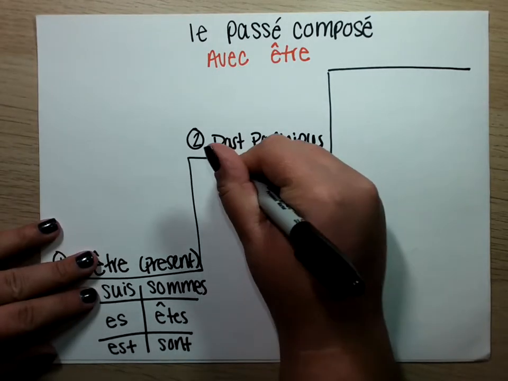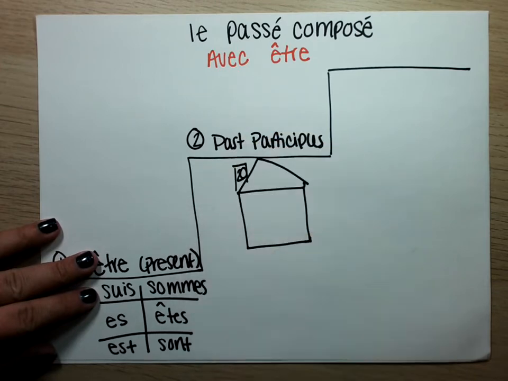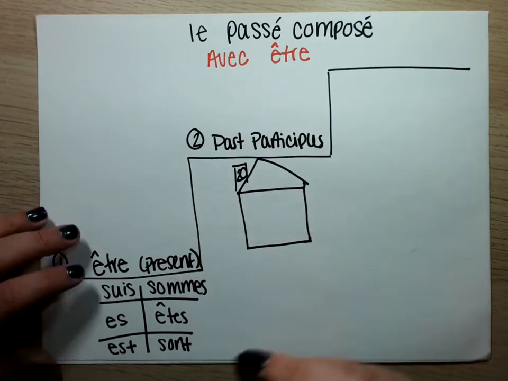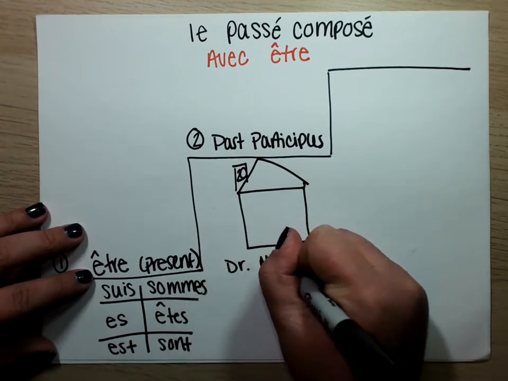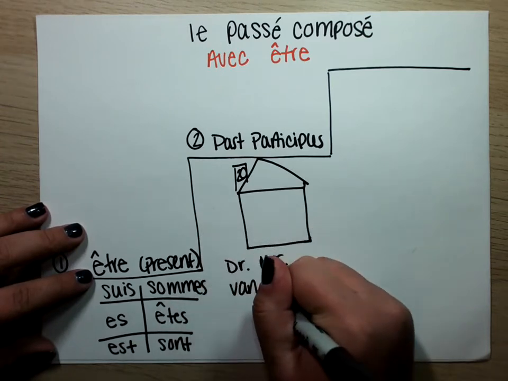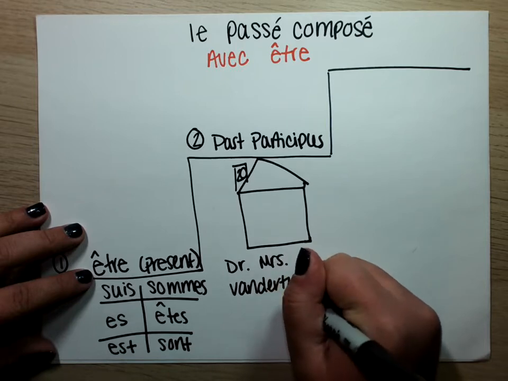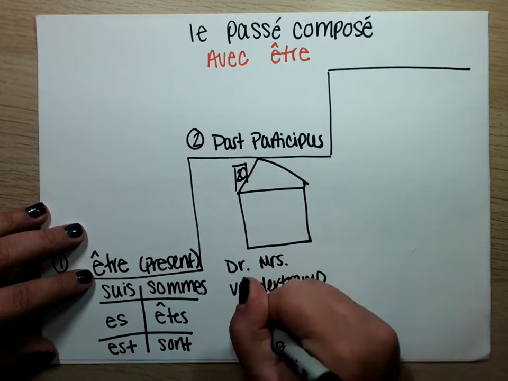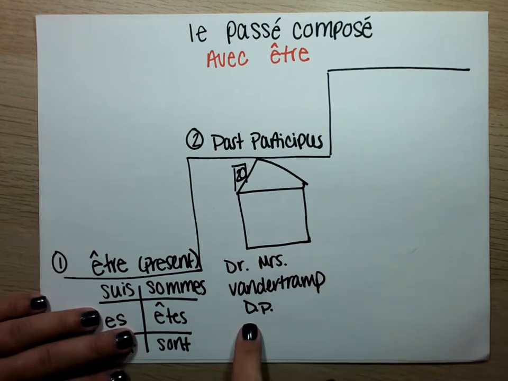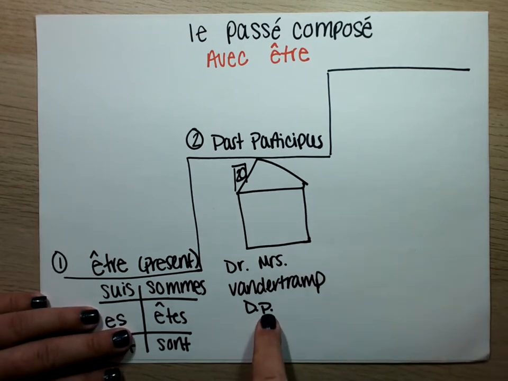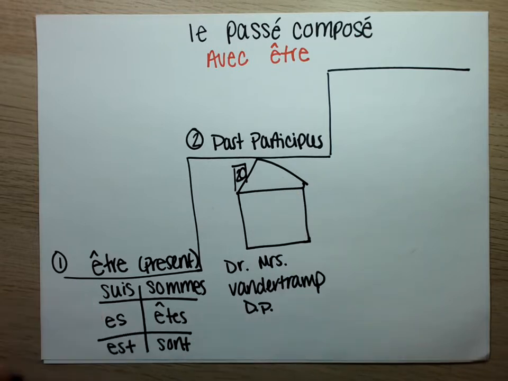It's not the best drawing, but you get it. And so there are only 20 verbs that go with the passé composé être. And we'll talk about this later on, but in the meantime, I'm going to write this out for you. Dr. and Mrs. Vandertramp, DR MRS VANDERTRAMP. All right, so those are all the verbs that go with passé composé être, and we'll write all of those out here in just a little bit.